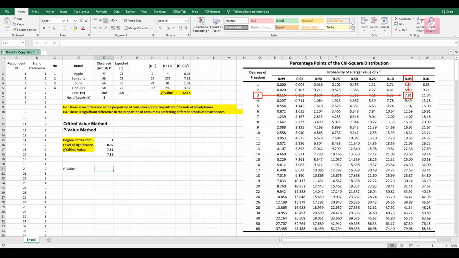P-values are expressed as decimals, although it may be easier to understand what they are if you convert them into percentage. For example, a p-value of 0.0254 is 2.54%. This means there is a 2.54% chance your result could be random, that is, happened by chance. That is good.